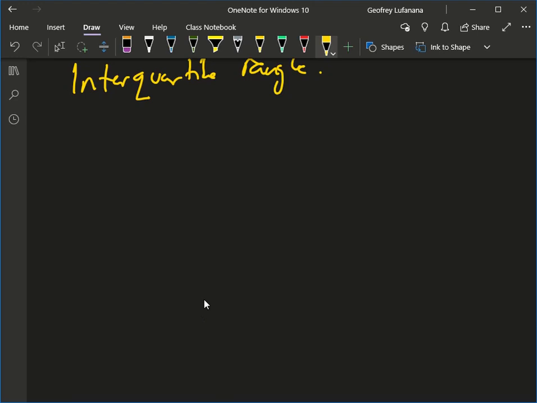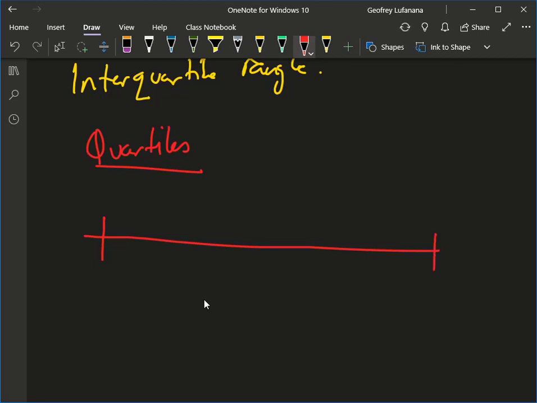We are going to start with what we call quartiles, because interquartile range comes from quartiles. If we have a data set, let's say you have values, let me start from 37, you have a 39 somewhere, a 40, a 41, a 43, and let's say a 52 somewhere.